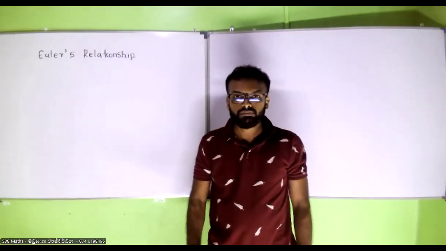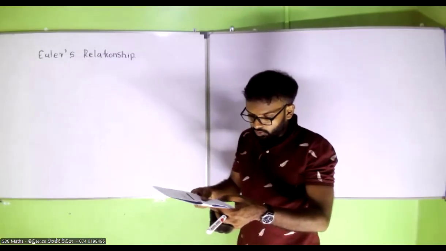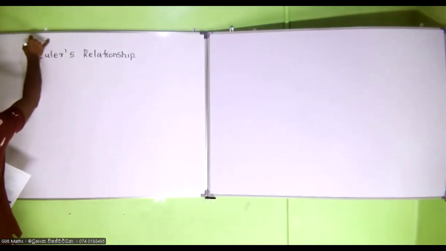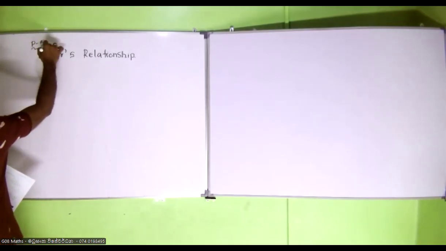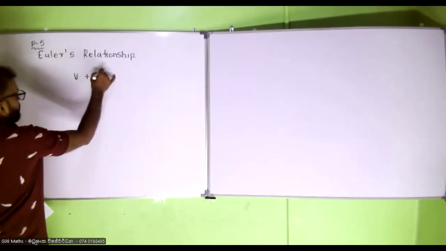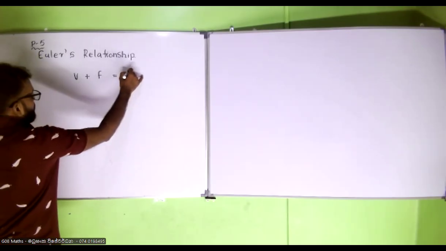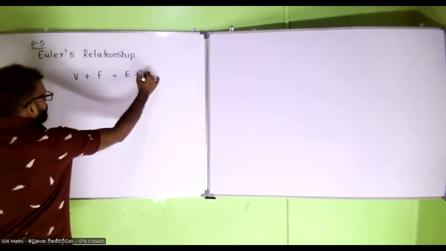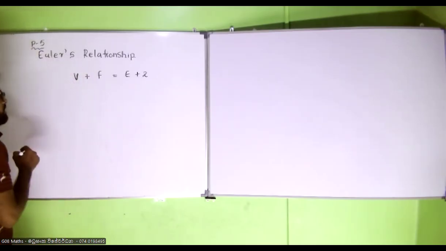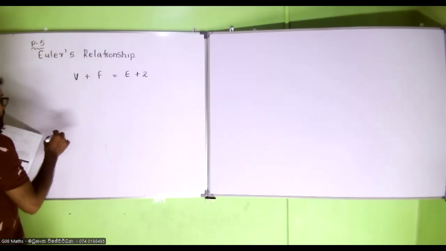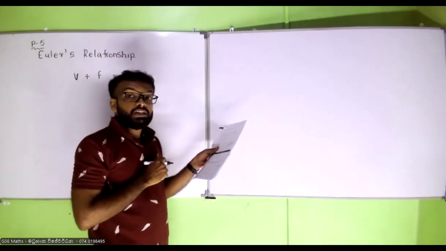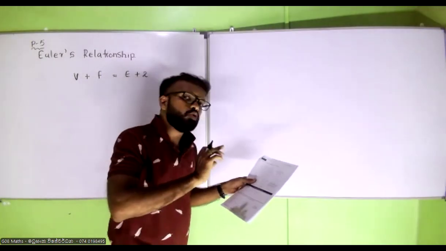So now let's do page number 5. I have given you Euler's relationship: number of vertices plus number of faces is equal to number of edges plus 2. Let us fill the below table and check whether Euler's relationship is satisfied or not, that means true or false.